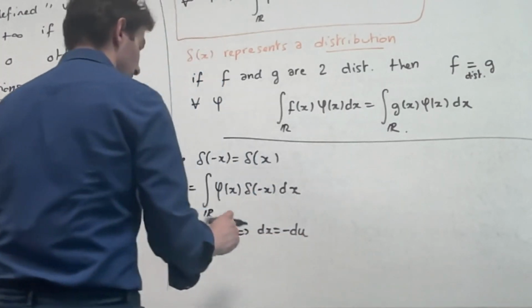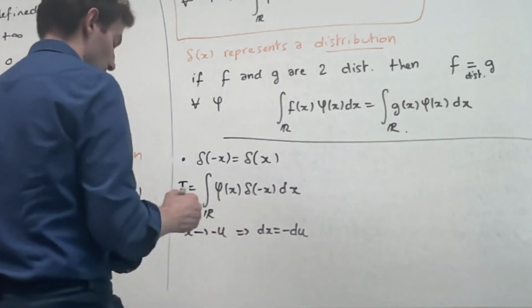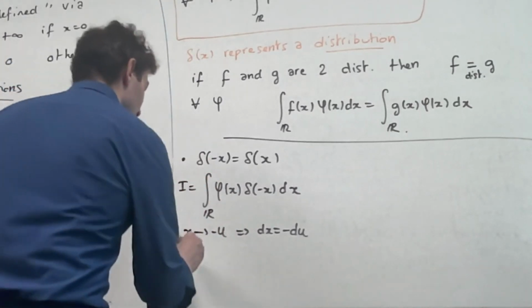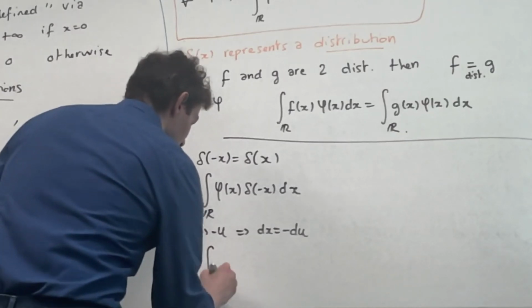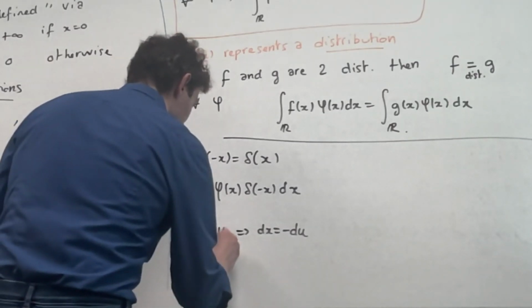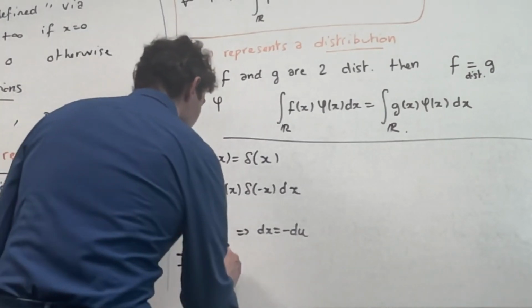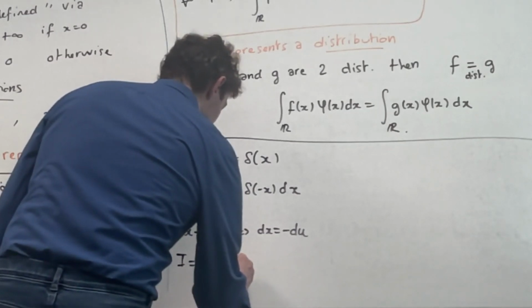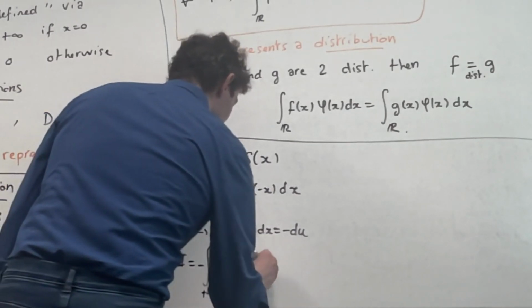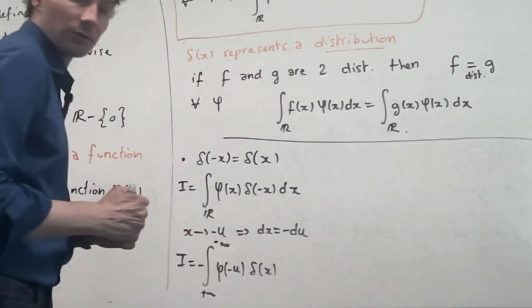And then I need to be a bit careful with what I'm doing here, because the integral I is going to be the integral from plus infinity, sorry, to minus infinity. Then I've got a minus sign. Then I've got phi of minus x, minus u, sorry, and then I've got delta of u du.